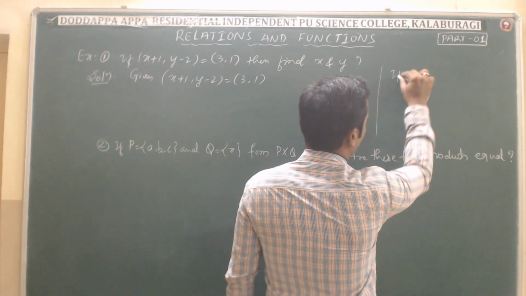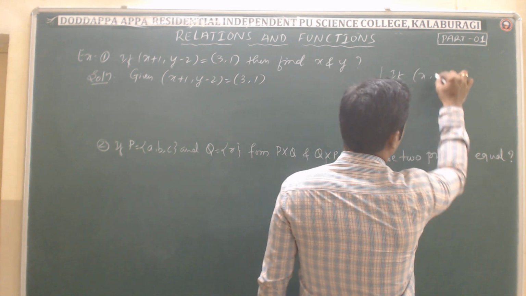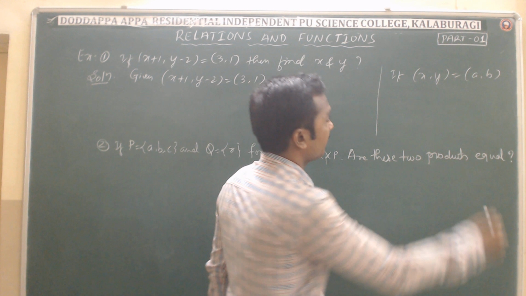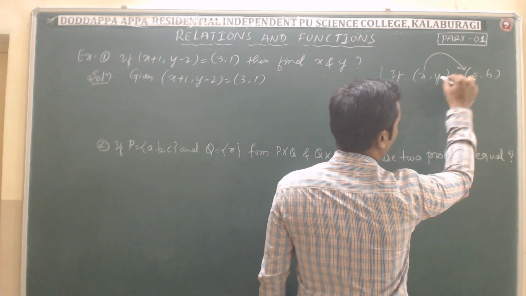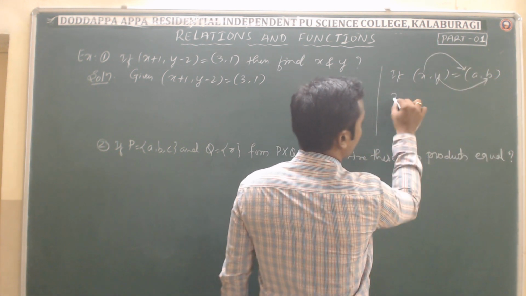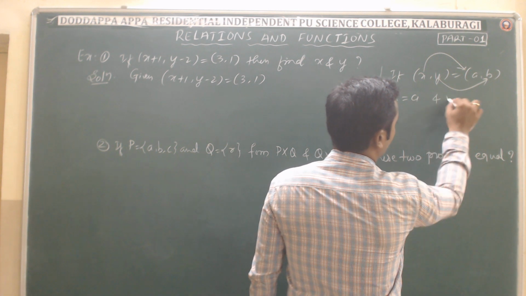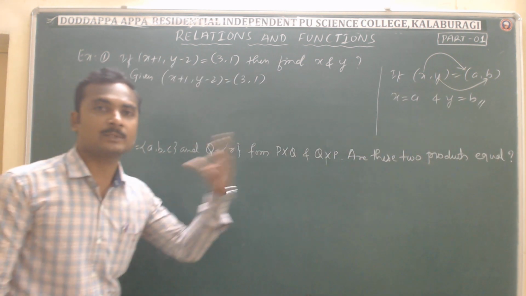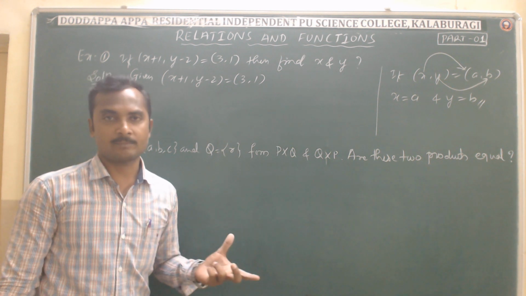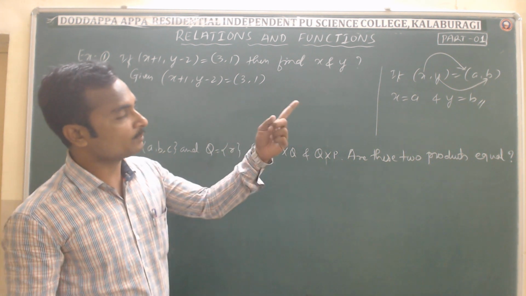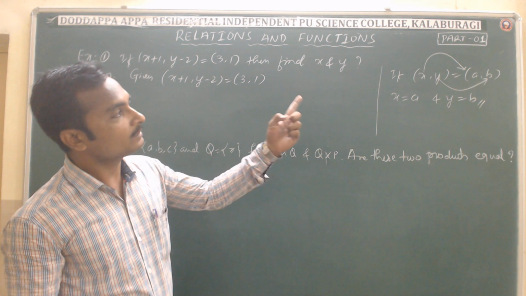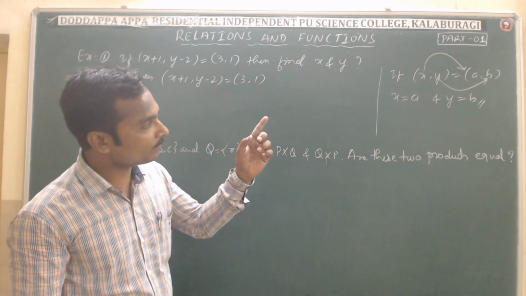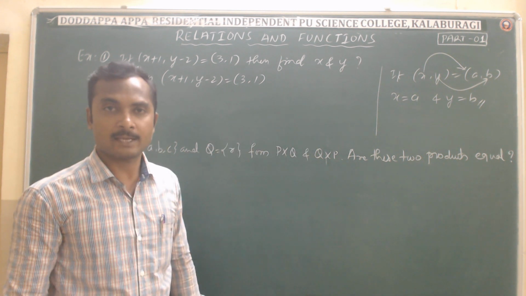By definition, I write in another way: if (x, y) = (a, b), then x must be equal to a and y must be equal to b. That leads to the definition of equality of ordered pairs. Two ordered pairs are said to be equal if and only if their corresponding first elements are equal and correspondingly their second elements are equal.